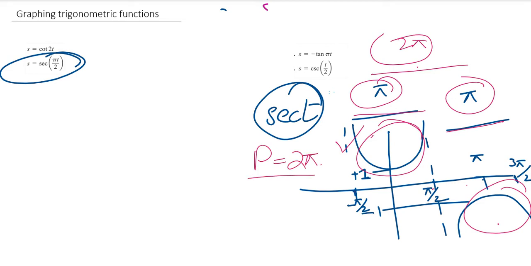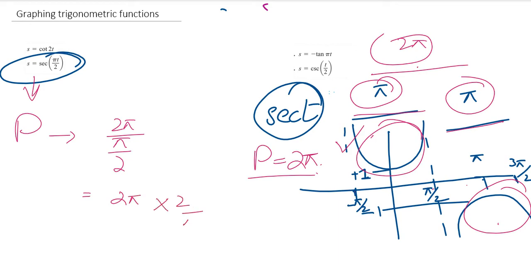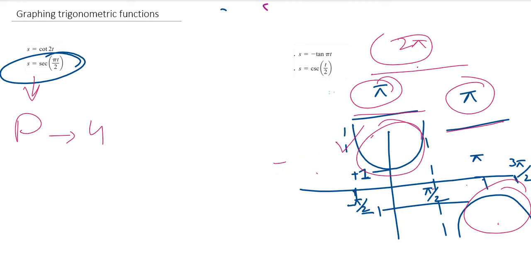So we have to find that period, that is 2 pi over pi by 2, that is 4. Okay, so we have to draw the new figure according to this period, draw the graph and then check out the symmetries if we do have any.